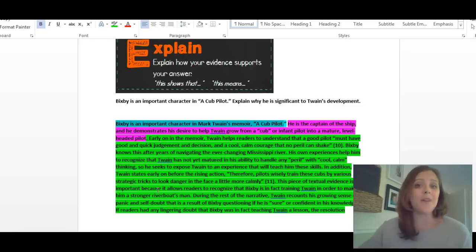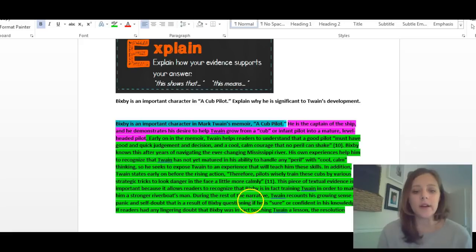This piece of textual evidence reveals or is important because it allows readers to recognize that Bixby is in fact training Twain in order to make him a stronger river boatsman. Okay, so this is coming from that part about how pilots wisely train these cubs, all right?